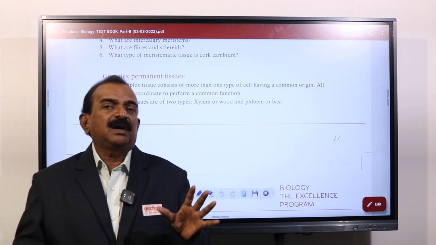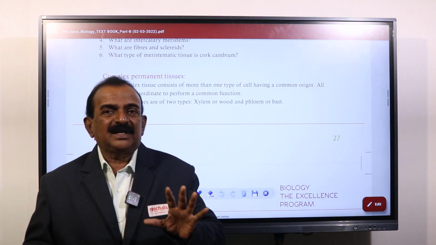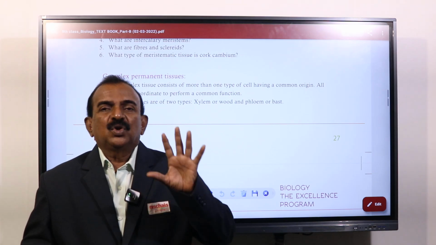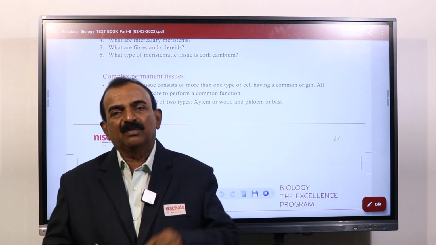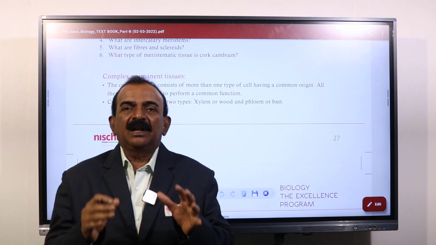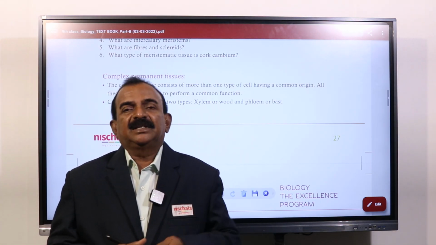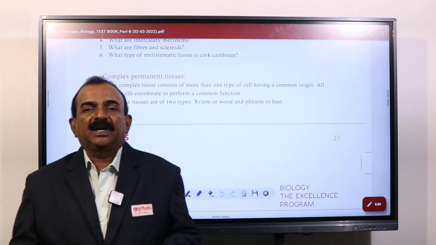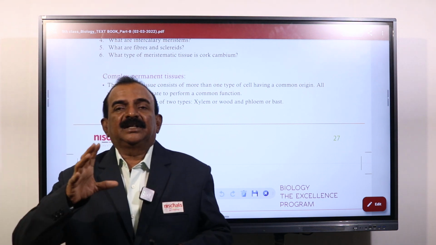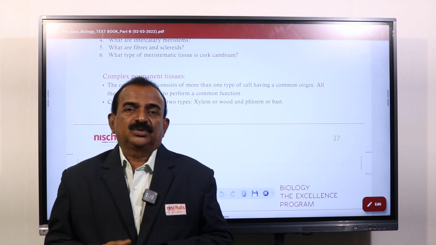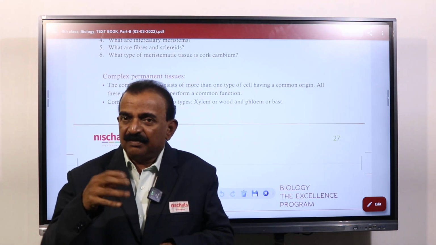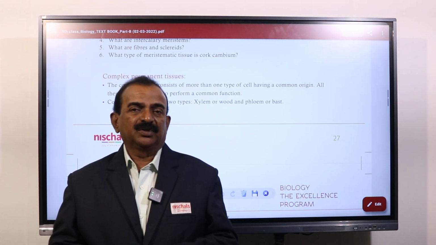These are the tissues which form the bulk of the plant body. We also discussed vascular tissues, which are xylem and phloem tissues.